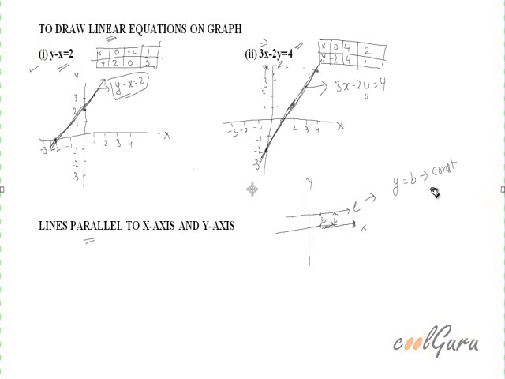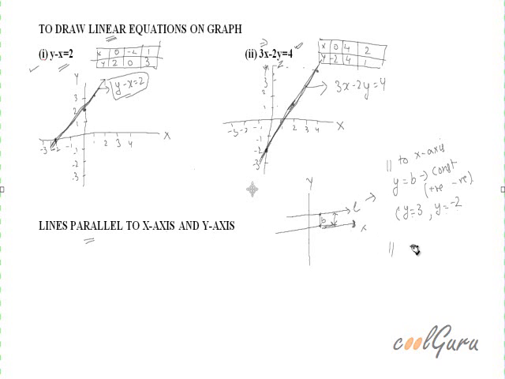It can be positive as well as negative. So any line which is parallel to the x-axis is of the form y is equal to b. For example, y is equal to 3 or y is equal to minus 2. These will always be lines parallel to the x-axis.